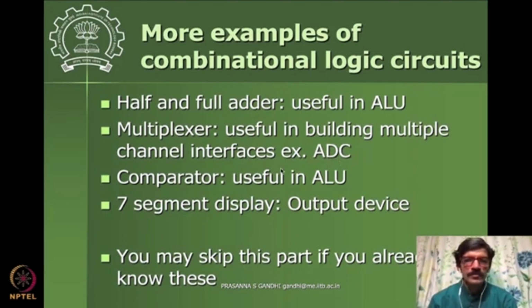That is one of the interfaces for a microcontroller or microprocessor. Then comparators, again useful in arithmetic logic units. These are only a few examples, but there are many different kinds of circuits possible, and one can do a lot of operations, like logical operations, addition operations, comparison operations. All those operations can be done by using these combinational logic circuits.